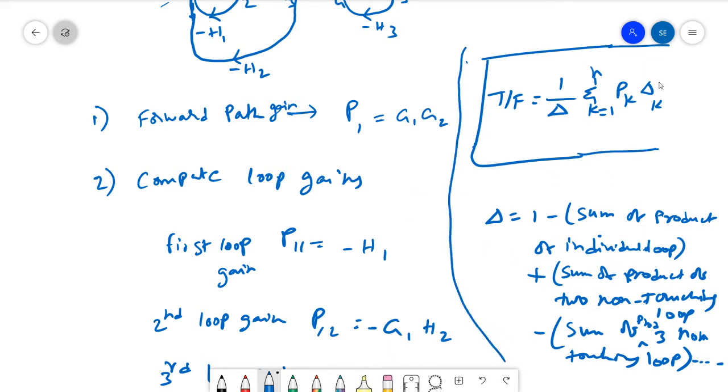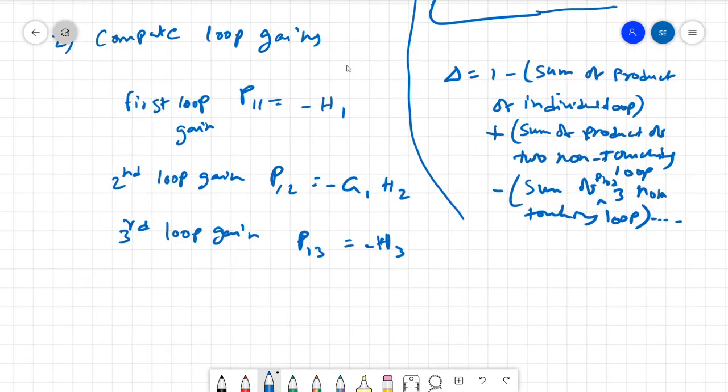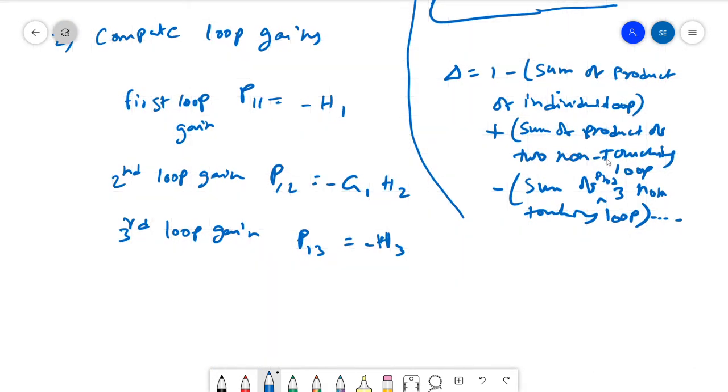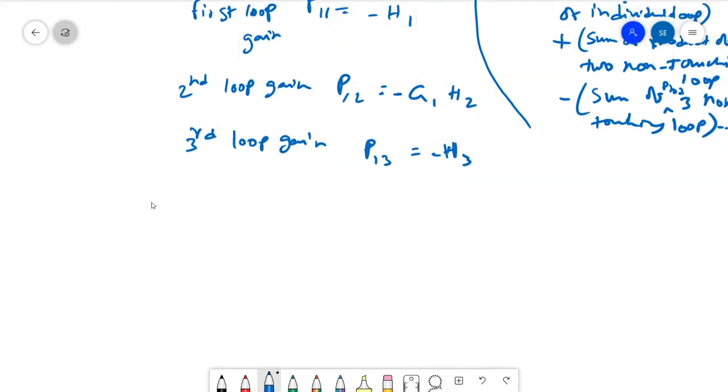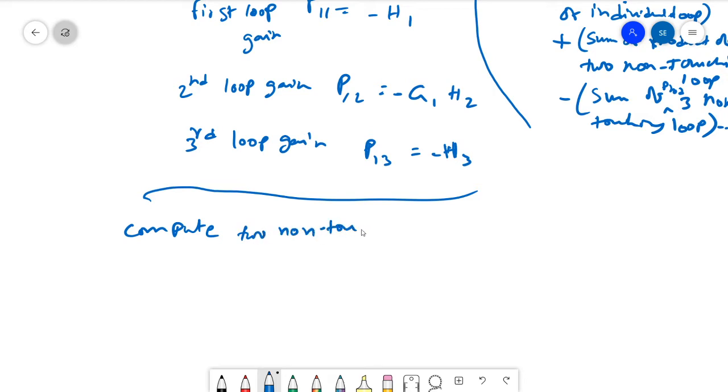Here we computed the individual loop gains. Now we have to calculate the sum of the product of two non-touching loop gains. What are non-touching loops?